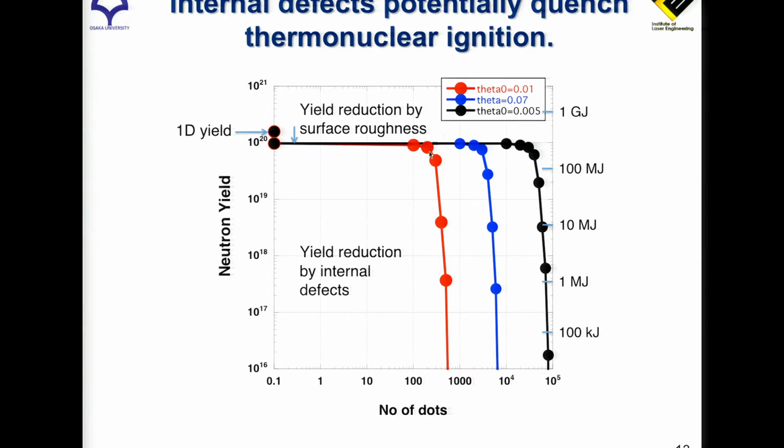But if we increase the number from above 100 to 1,000, it suddenly drops to 0. That is quenching of thermonuclear ignition. And the same thing happened if the size is only 7 micron: although we need a much larger number of dots, still the same thing happened, the quenching of ignition.